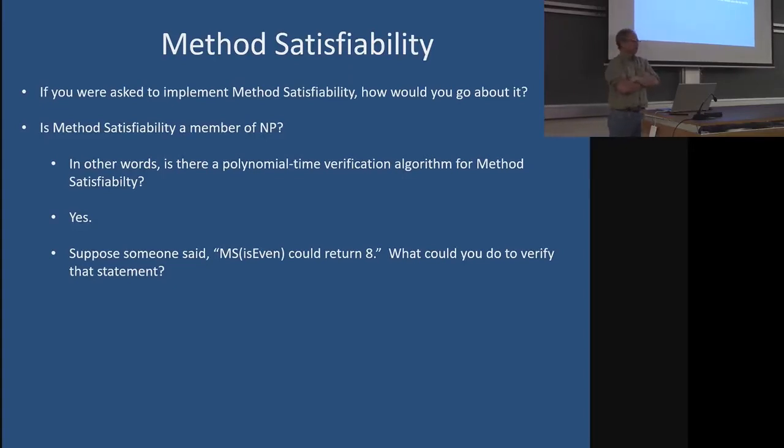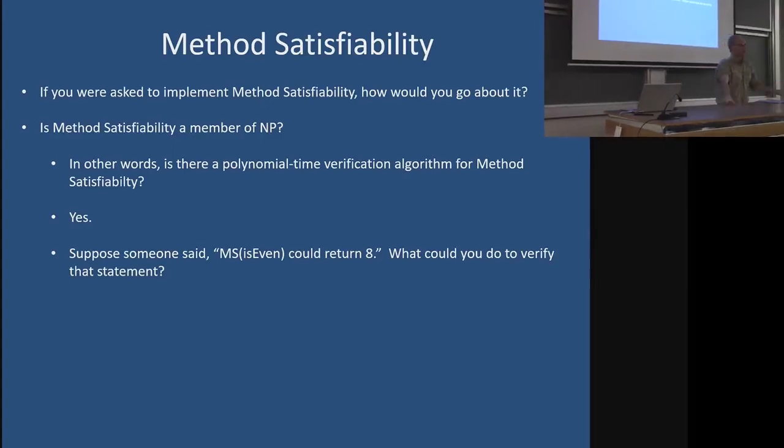What else do you have to show besides showing that there is a verification algorithm? What's the restriction on this verification algorithm? That it runs in polynomial time. It has to run in polynomial time. How do we show that? Well, that was one of the constraints on F. F has to run in polynomial time.